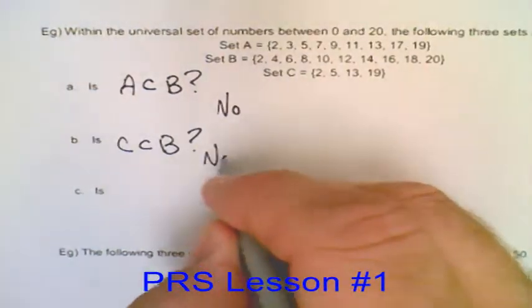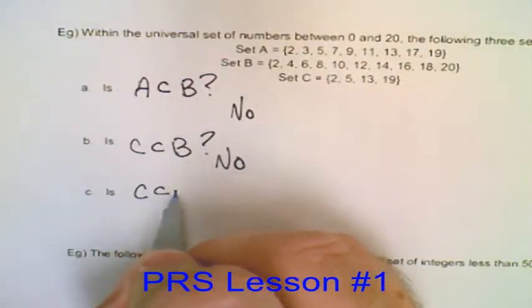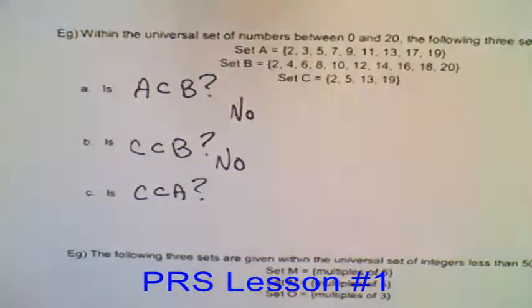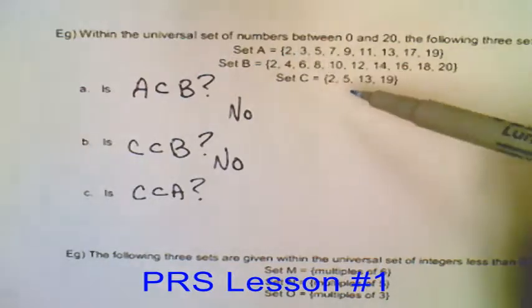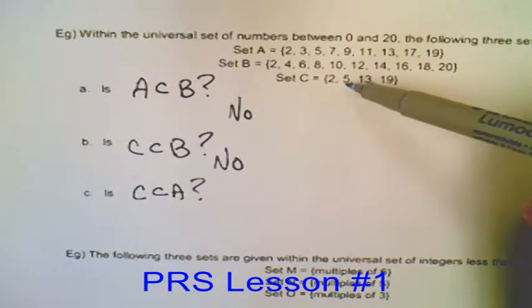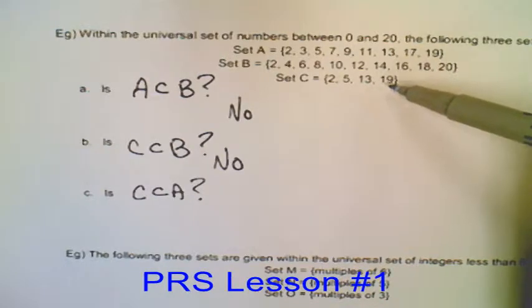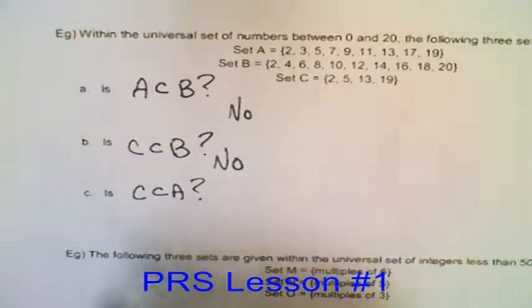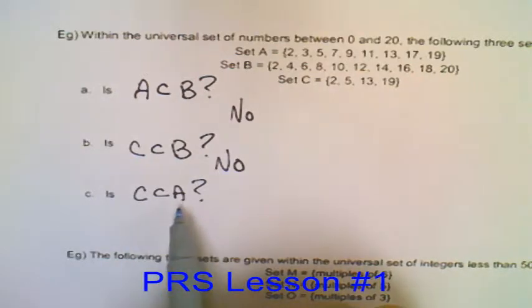Okay? I continue on with this whole idea here. I can say, is C a subset of B? And so C is this smaller set here. Okay, 2 is there. 5, there's no 5. So once again, it's a no. I could ask a third question here: is C a subset of A? And so I can look, okay, well, C has got a 2, and A has got a 2, so that's good.